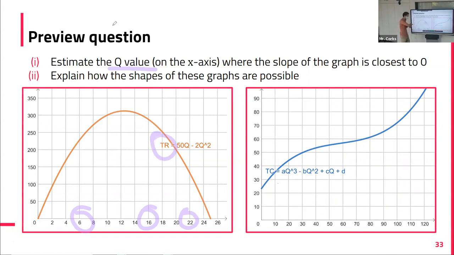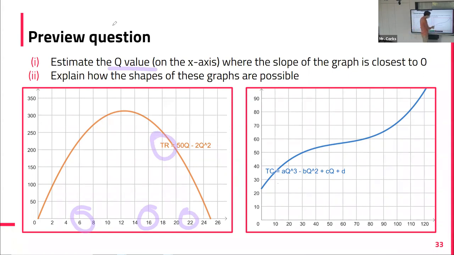Why does total revenue not just increase forever? It goes up, but then it goes back down later if our Q value gets bigger. So not a math explanation, give me a real world situation. So real world, what things happen that would make a curve like this occur?